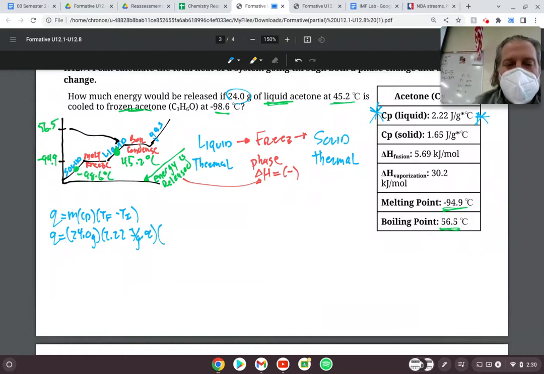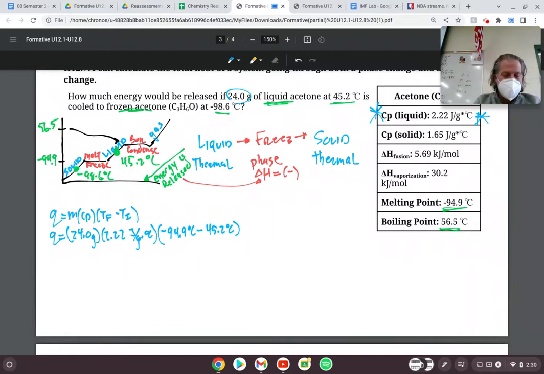And our initial temperature is going to be the 45.2. Our final temperature for this one is going to be the melting point or freezing point, which is negative 94.9 degrees Celsius minus 45.2 degrees Celsius.